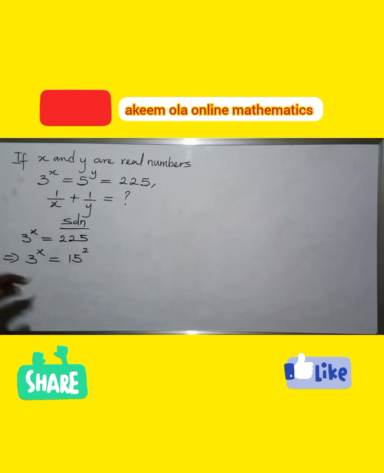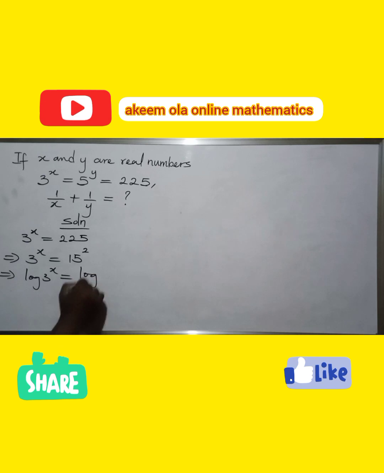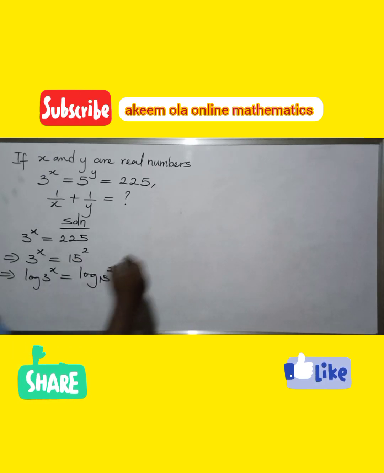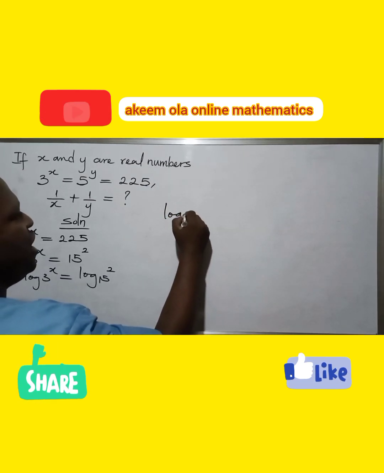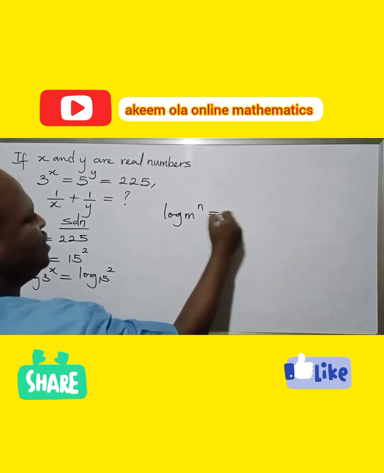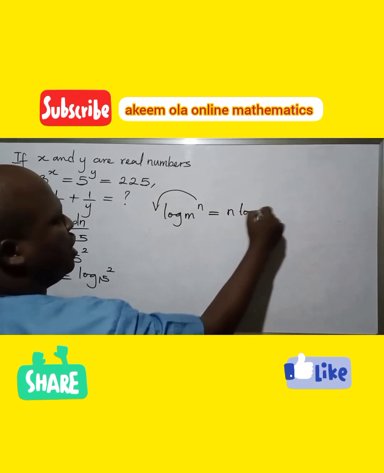That means we are going to take the log of both sides. If I take the log of both sides, I will have log 3^x equal to log 15^2. So from here, law of indices and law of log: if you have something like this, the n will move to the back, we have n log m.